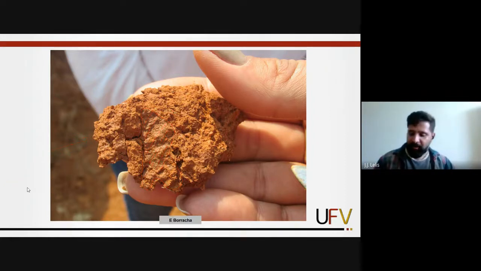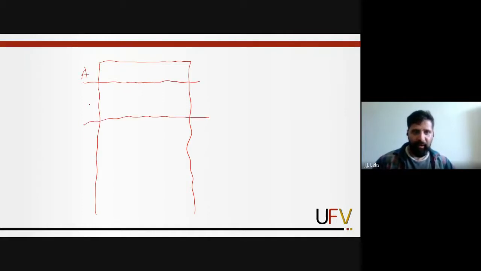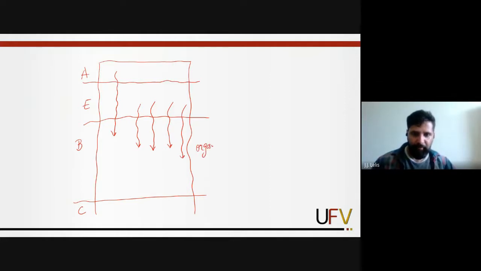If I have migration of organic matter and or oxides like this, if I have here an A horizon, an E horizon, a B horizon, and a C horizon, and I have migration of water, and the water carries organic matter as clay size, okay, or oxides like iron or manganese or even aluminum oxides, they don't create a shiny surface.